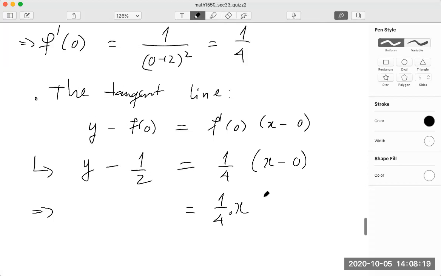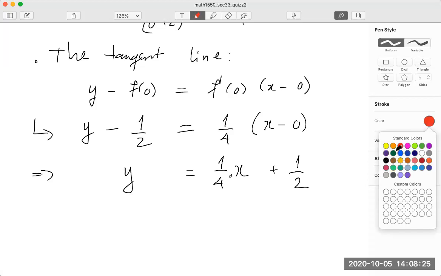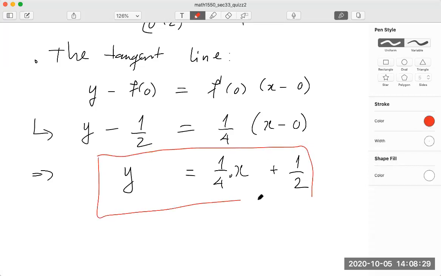Add it to the right. Yeah, add 1/2. So this is an equation of the tangent line. Can we leave it in the first formula or do we have to put it in the second one? You can leave it here. It is okay. I accept this solution. Okay, thank you. You're welcome.